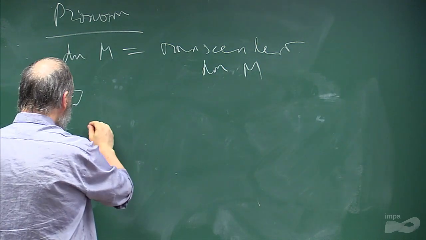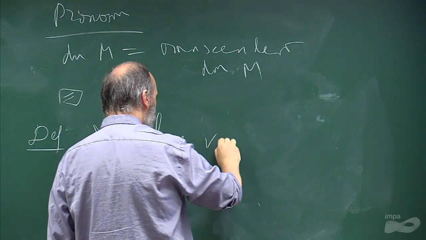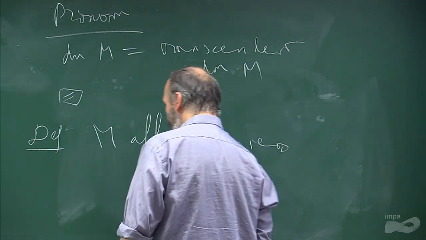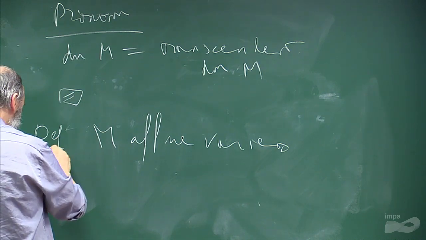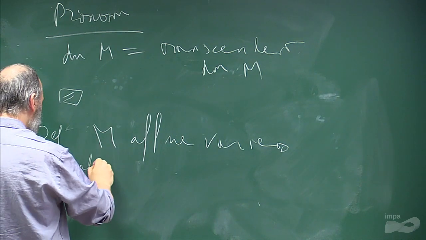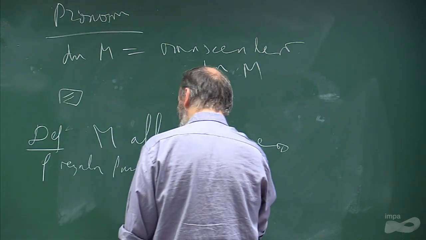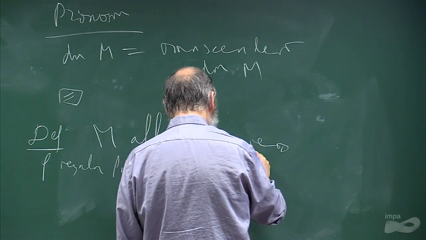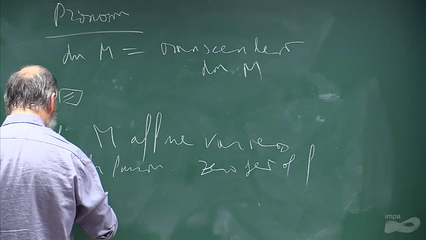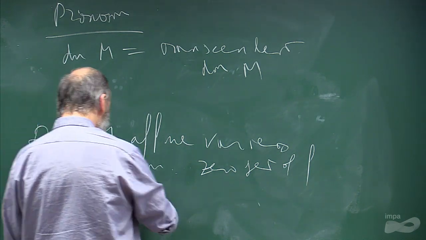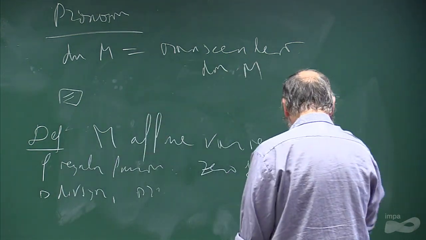Okay, so suppose you have M, an affine variety, and a principal divisor given by a regular function f. The zero set of f is a divisor, let's call it ZF.